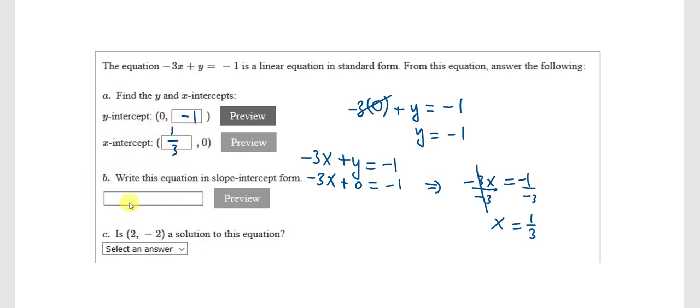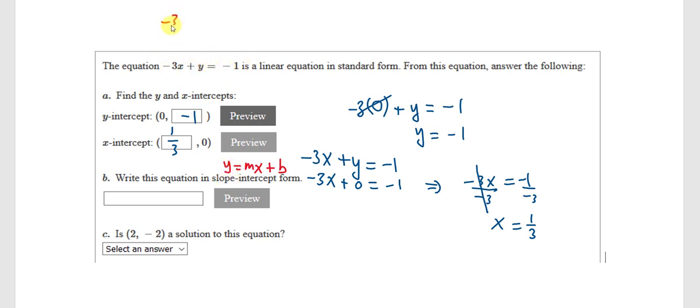And then you want to rewrite this equation in the slope-intercept form. The slope-intercept form is when you have y equals mx plus b, where m is the slope and b is the y-intercept. To do this, you solve for y from the standard form.